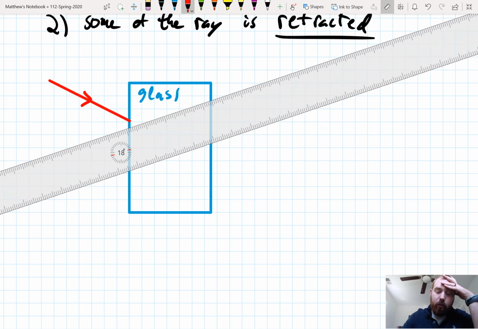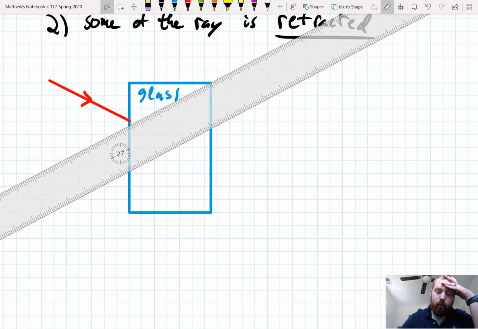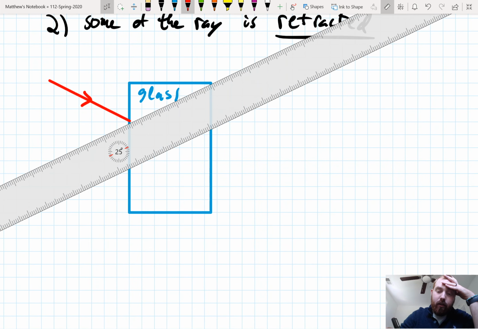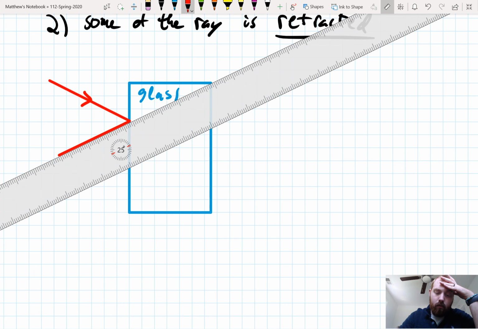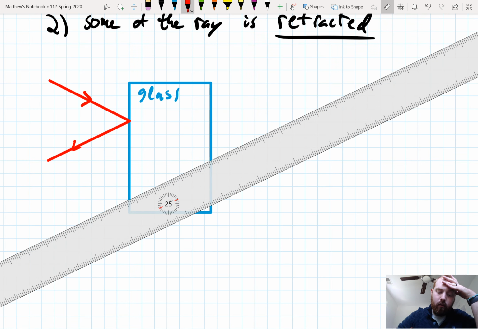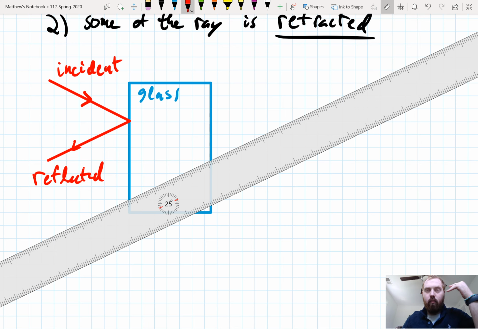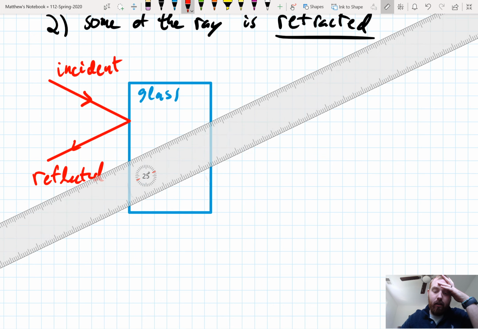Some of it's reflected. Well, that's easy. The reflected part just bounces off at that same angle. So we have a reflected ray. This is what we'll call our incident. And then some of it is refracted.